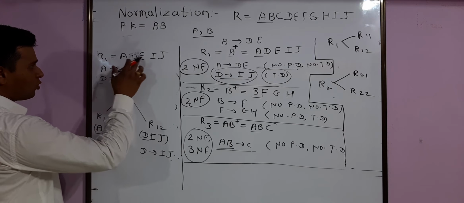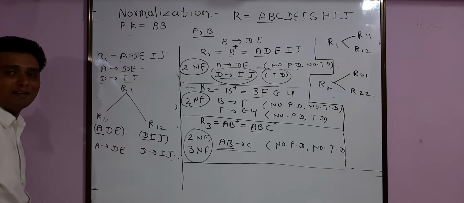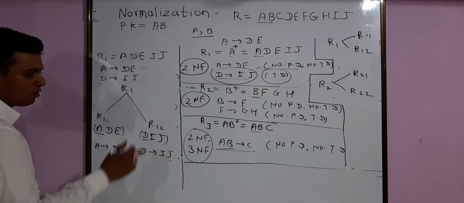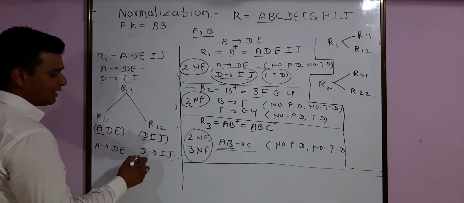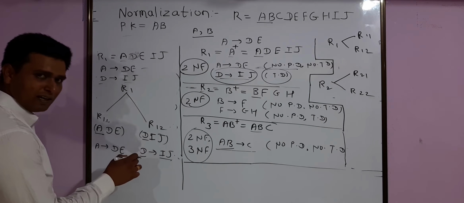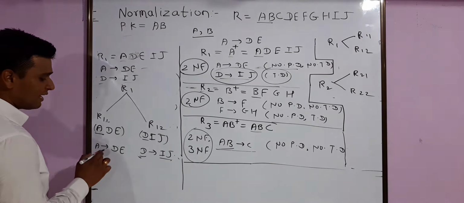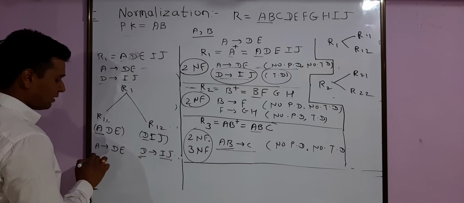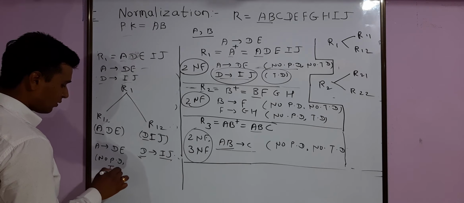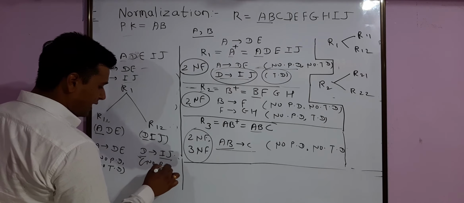Initially, when the key was only A, D and IJ were non-key attributes. But as you made a separate relation or table for DIJ, you can say that D is a key and IJ is a non-key. D is a candidate key, a super key, a primary key, and A is a super key, primary key, and candidate key. So you can easily say that there is no partial dependency, no PD, no TD. Here also no PD and no TD.